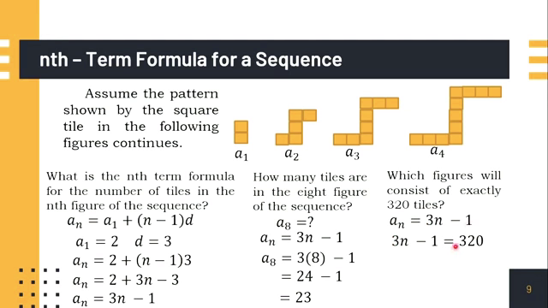So, 3n minus 1 is equal to 320, transpose negative 1, so that will become 320 plus 1. So, 3n is equal to 321, divide both sides by 3. Yung n na yon ay pang 107. Ibig sabihin, kung ito ay pang 4, pang 107 yung merong 320 tiles. Kasi ang binigay lang sa given ay yung 4 na naunang figures.